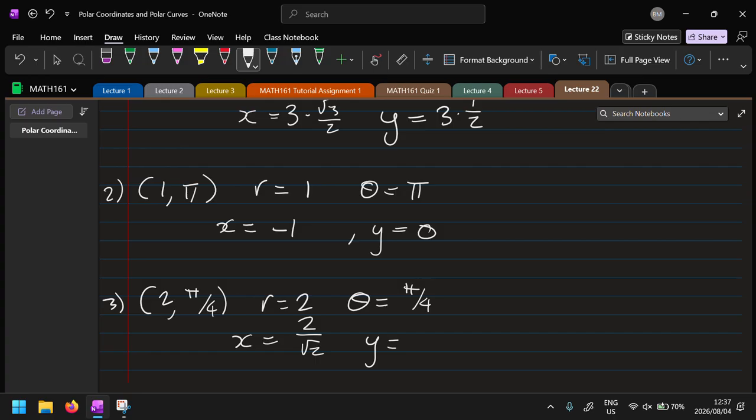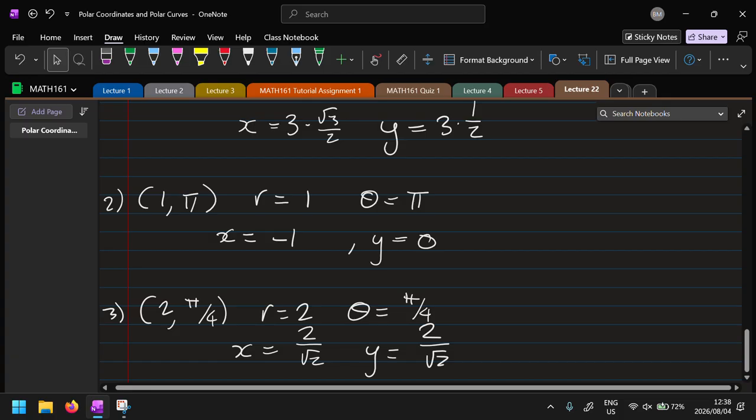Yeah, that's fine. And then for y, what do we get? Yeah, so 1 over root 2, that's going to be sine pi over 4, and then we times by 2. Yeah, you can simplify if you want, times top and bottom by root 2. Otherwise, just leave it like this. That's fine.